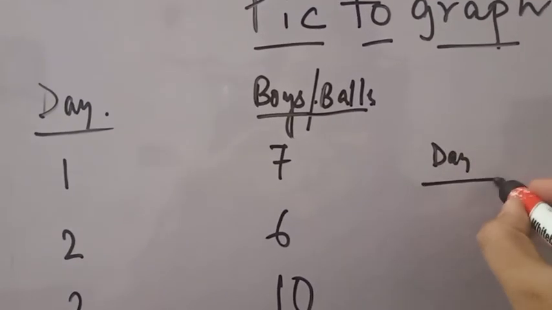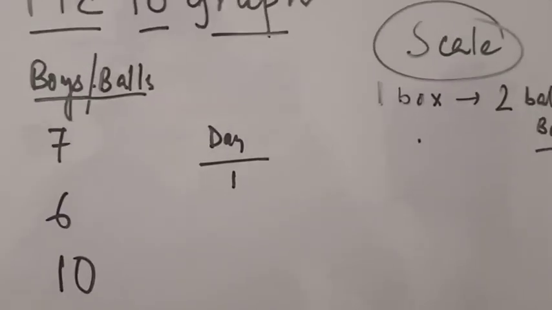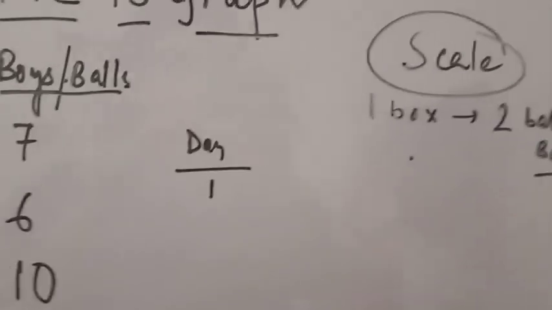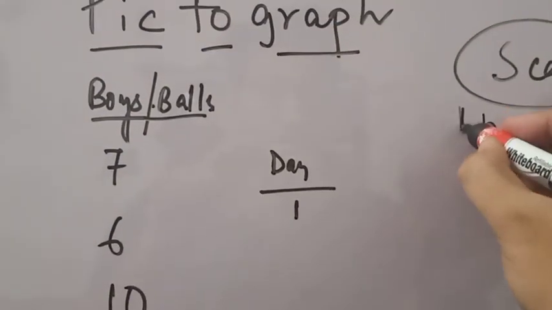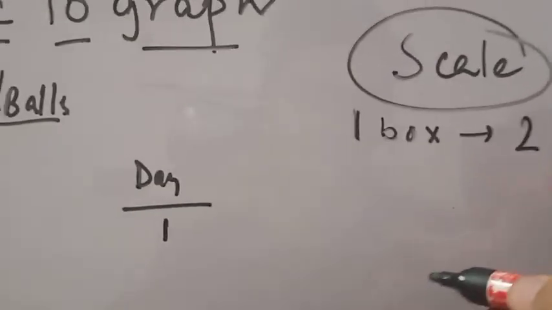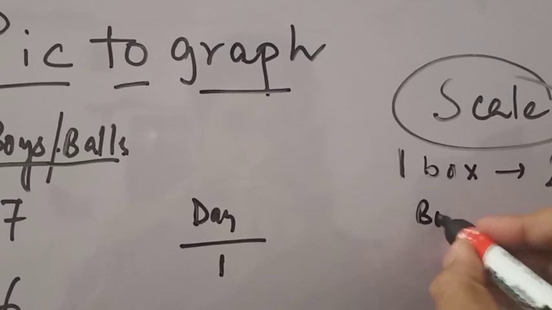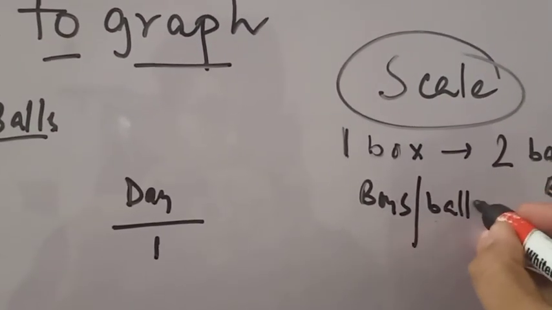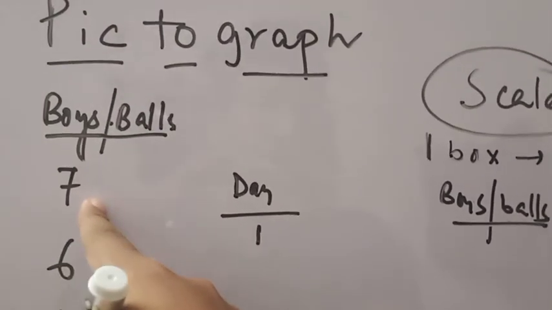So now we can write day 1. The first day you have to draw how many? One box means 2 balls. Okay. So for boys or balls, first you have to draw 7.